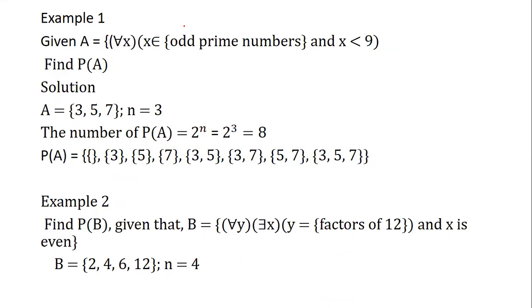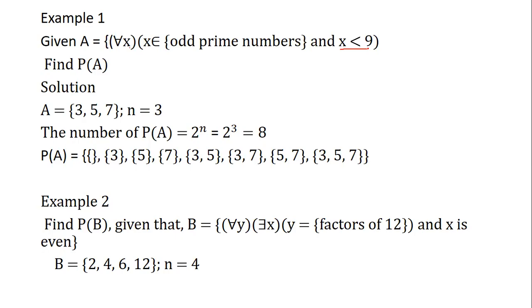Let's see example 1. Given A equals the set of all x such that x belongs to the set of odd prime numbers and x is less than 9.